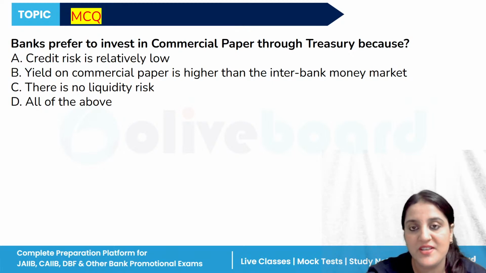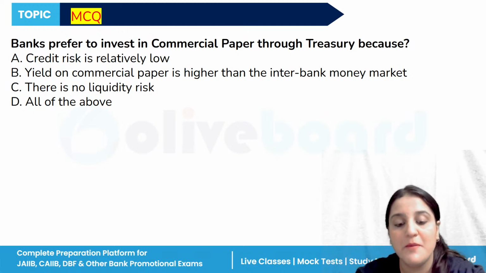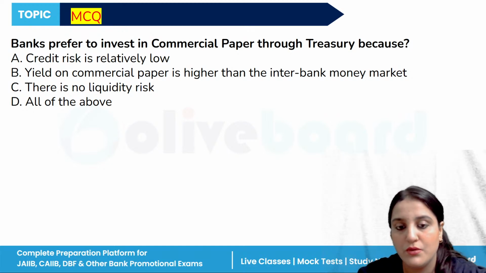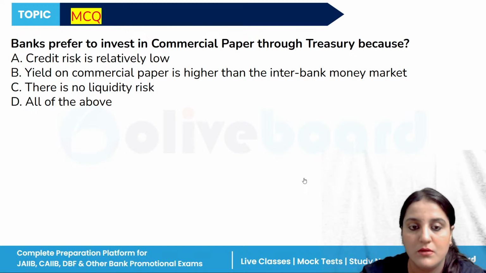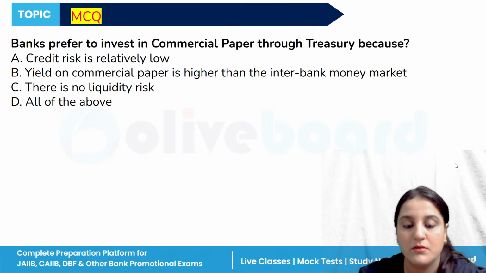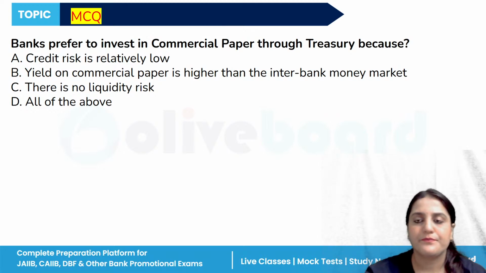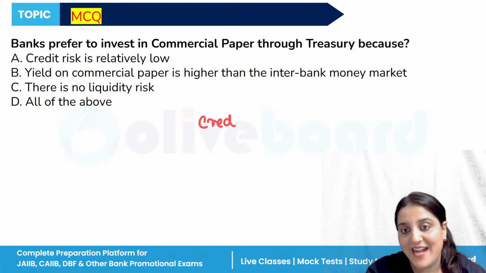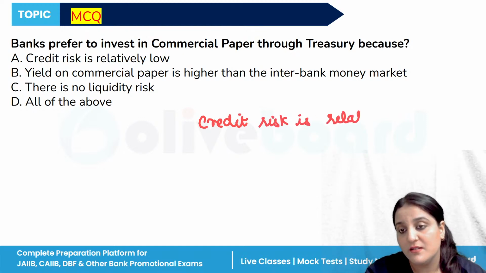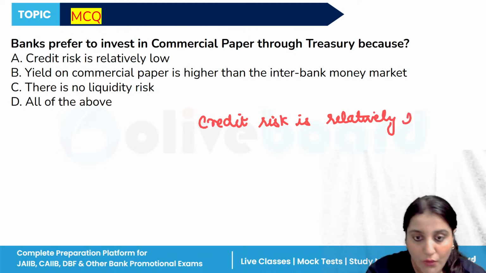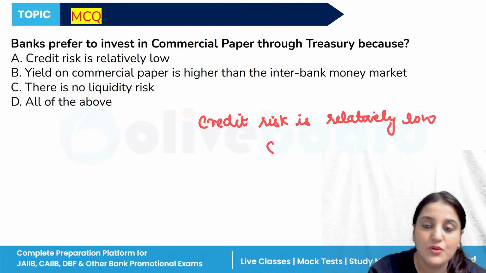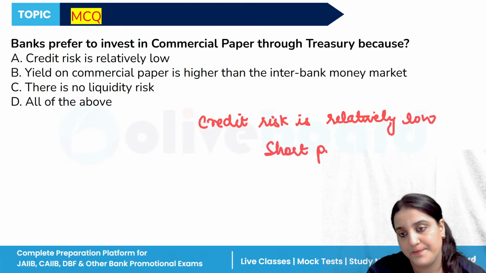Banks prefer to invest in commercial paper through Treasury because here the credit risk is relatively low and limited to a short period.